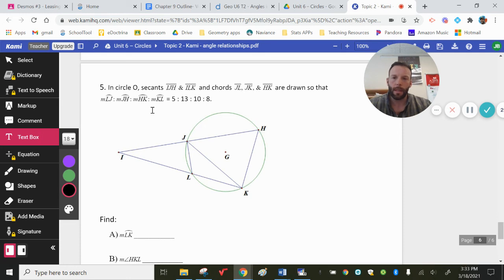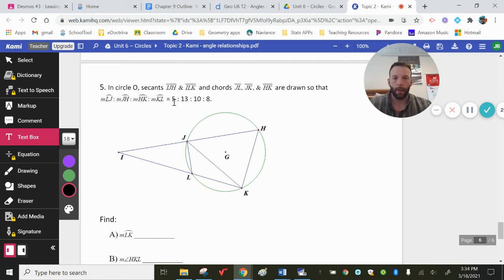Now, the way to read this is that we're talking about a ratio of four different pieces. The measure of the arc LJ to the arc JH to the arc HK to the arc KL is in a ratio of 5 to 13 to 10 to 8. Ratios work the same way as with similarity.